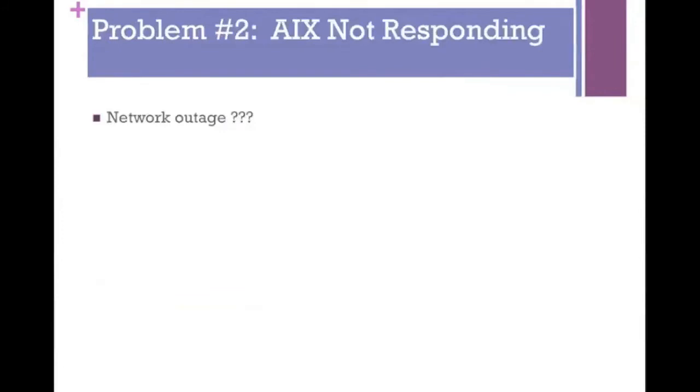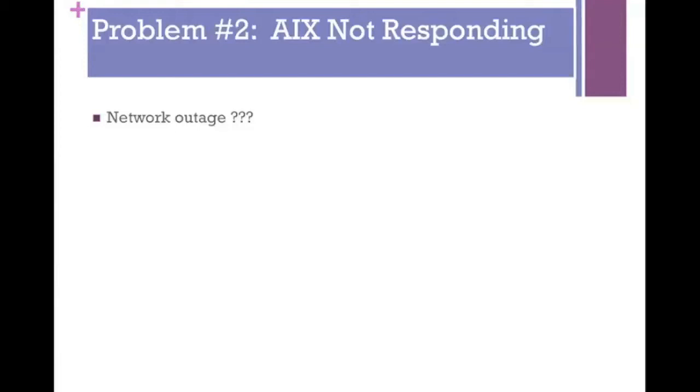So the second one was an interesting one, which was that AIX was not responding. Now, at the same time, I heard the very vague description that there had been a network outage. I was yet to get to the bottom of what the network outage was, but of some kind. But AIX was not responding.